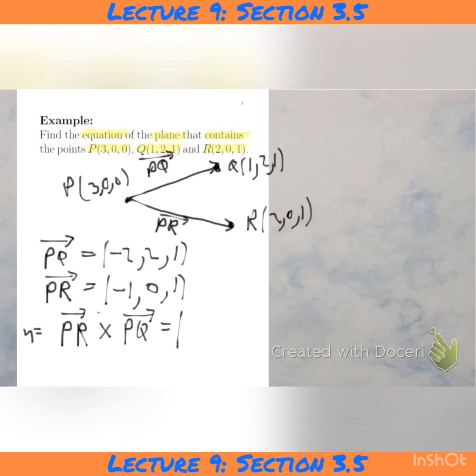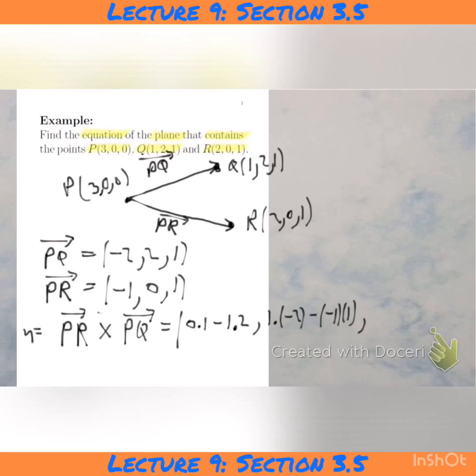That is going to be the vector, 0 times 1 minus 1 times 2. The second component is going to be 1 times minus 2, minus 1 times 1.